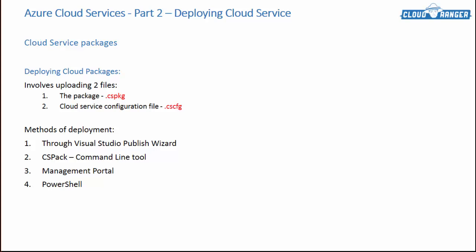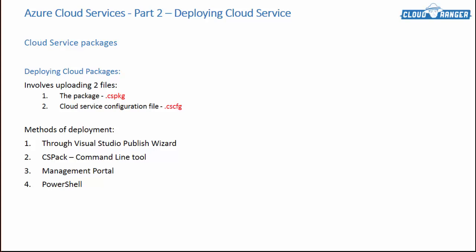Now, before we get into details of what that is, let's talk about the methods of deployment. There are various ways you can deploy this package to a cloud service in Azure. The four ways: one is through the Visual Studio Publish Wizard, which is pretty much what I went through real fast in the previous session to show you how that works. Then you have a command line tool called CSPack.